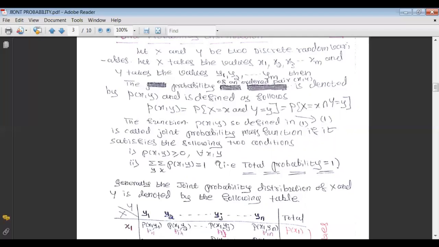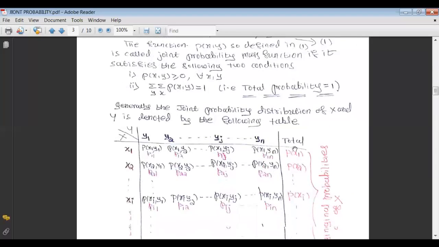The second can be easily remembered as: the total of all the joint probabilities must equal 1. Whenever the function P of xy satisfies these two conditions, that function is called a joint probability mass function.